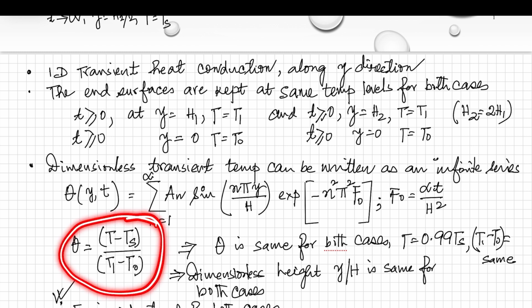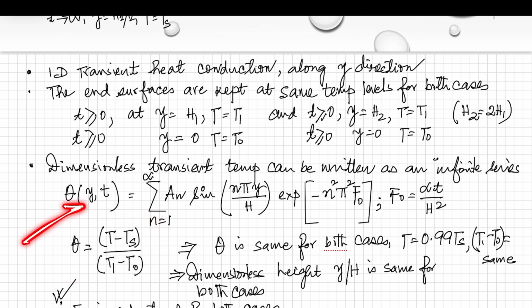Since theta remains the same for both cases, this would be the same. And we are looking at the middle of the slabs in both cases, initially for the thinner slab, and then for the thicker slab. So we are looking at the center line, so y over h remains the same.